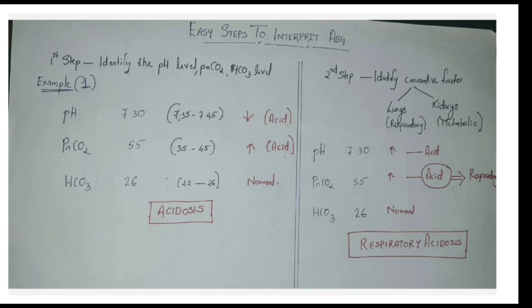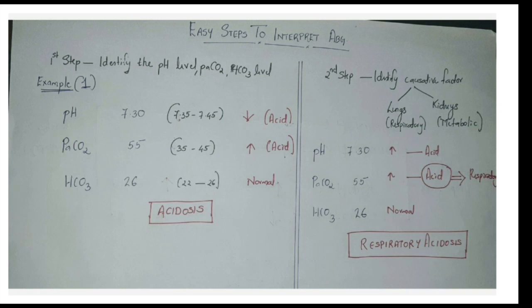So we know ROME, RO, respiratory opposite. So respiratory is opposite. So here who is the causative factor for acidosis? It is the lungs. Lungs are responsible for that imbalance. So it is respiratory acidosis.